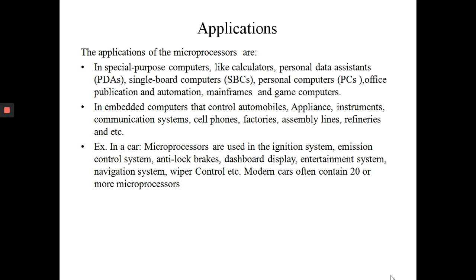Example: in a car, microprocessors are used in the ignition system, emission control system, anti-lock brake system, dashboard display, entertainment system, navigation, weather control, etc. Modern cars often contain many microprocessors.